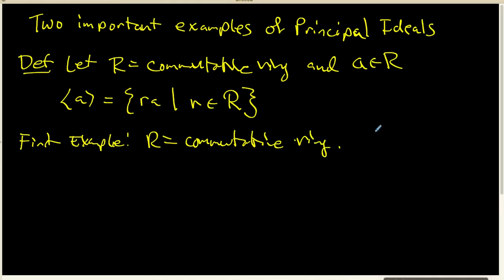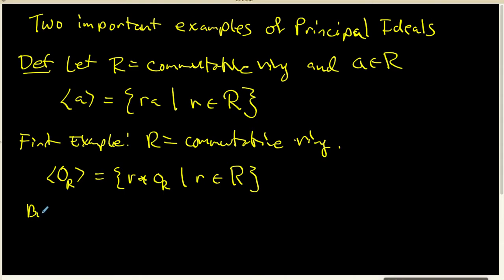And all rings have a zero, so I want to look at the principal ideal generated by the zero inside R. Well, from the definition, that's going to be R times 0, where R is ranging over all of the elements of R. But we know that R times 0 is equal to 0, and that is true for all elements inside the ring.